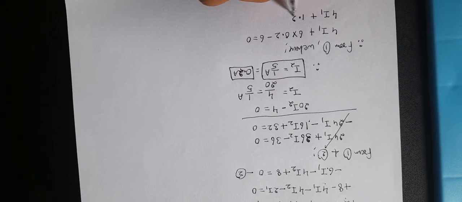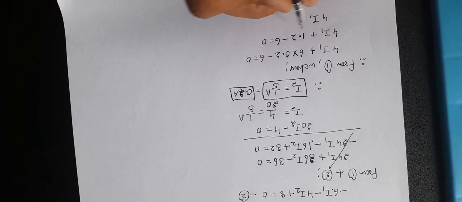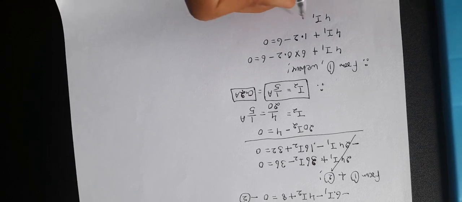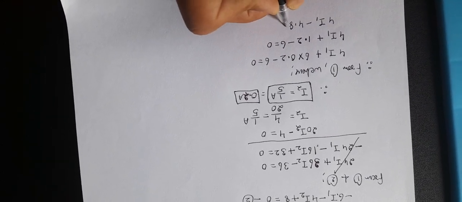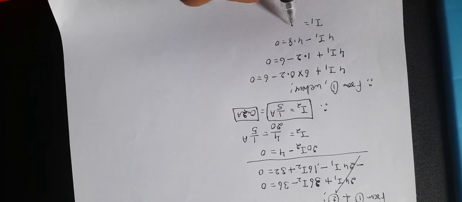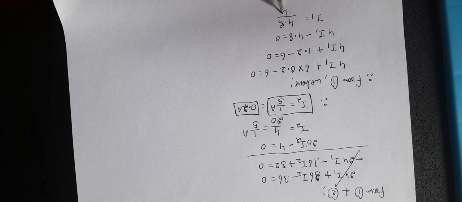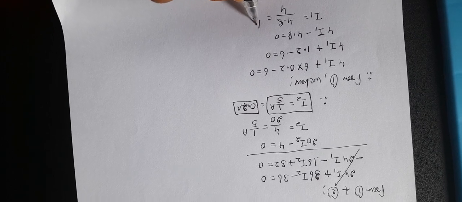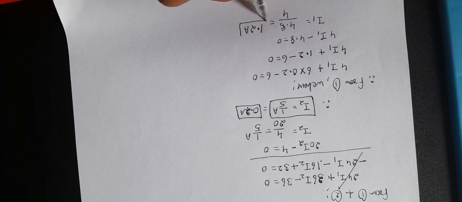From here we have 4I1 plus 1.2 minus 6 equal to 0. From here 4I1, 6 minus 1.2 turns out to be 4.8, that is minus 4.8 is equal to 0.